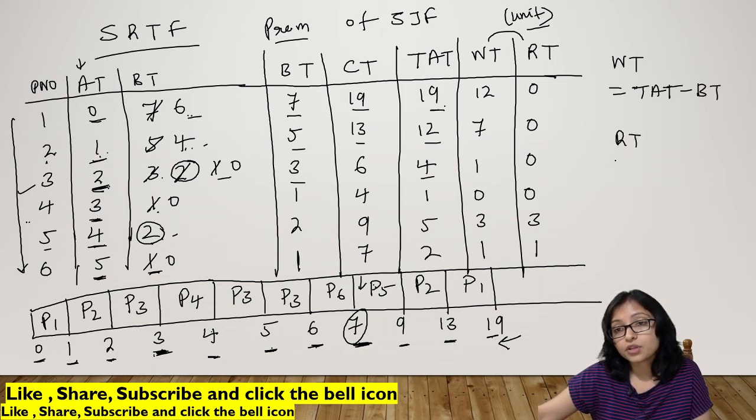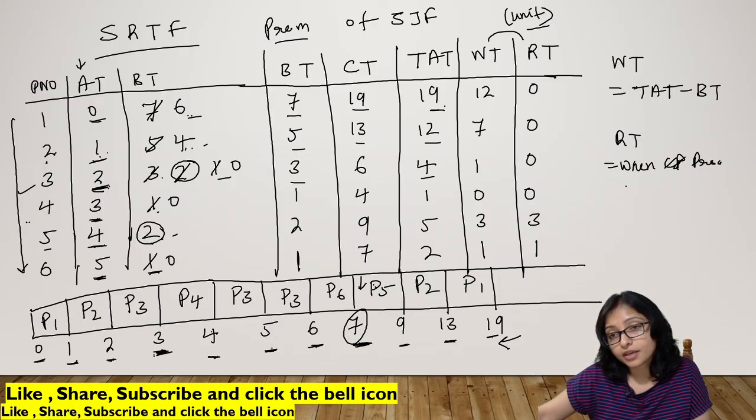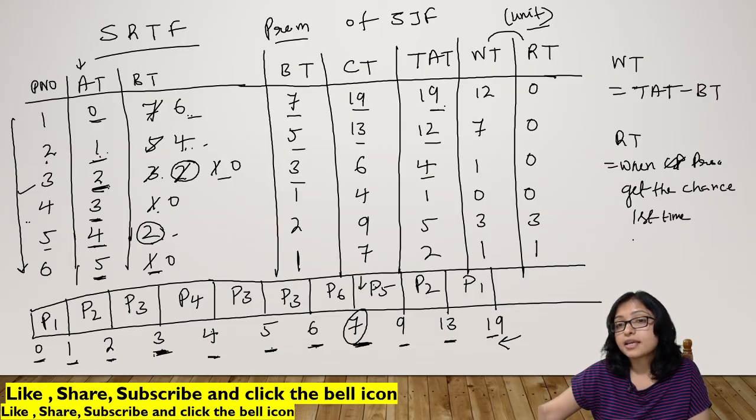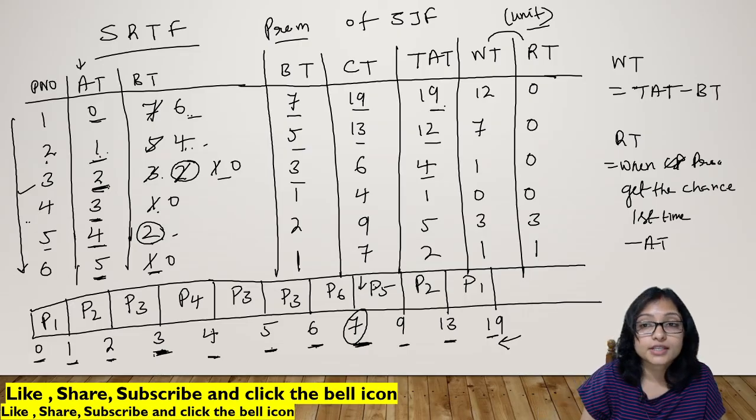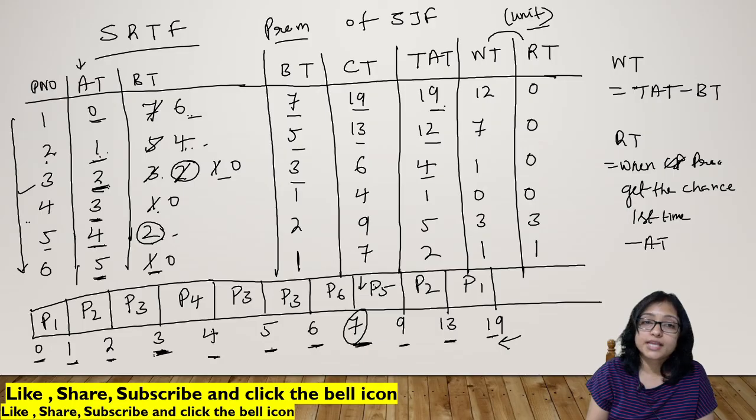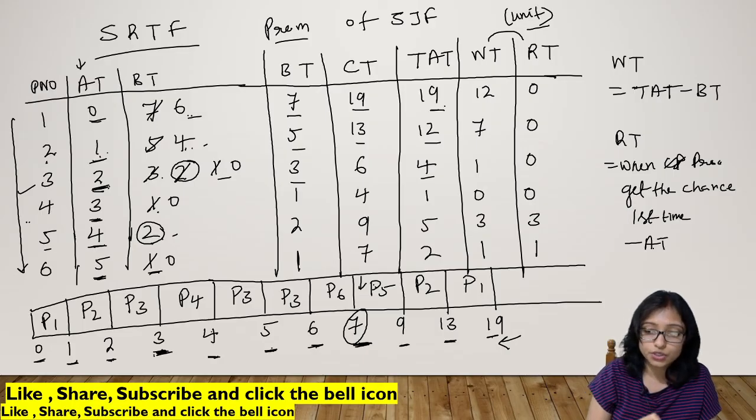But the response time is when the process gets the chance for the first time, minus the arrival time. That is called the response time. Got it? So I hope SRTF is clear to you now.